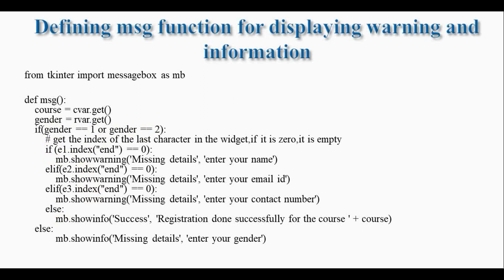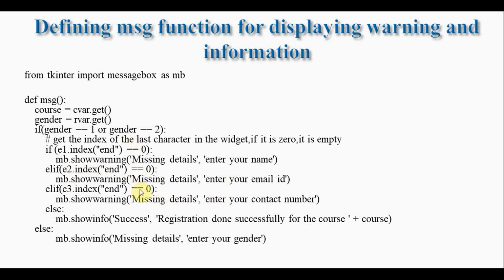If index of end is 0, it means that it is empty, nothing is present in the entry widget. So you can give a warning message stating that some details are missing, and you can enter your name. Else if email ID is missing, you are again checking the same condition, e2.index of end is equal to 0. If the email address entry widget is empty, that can be shown as a warning message. Similarly for the contact number also I am giving a warning message.